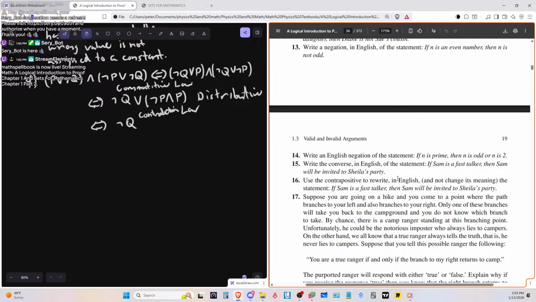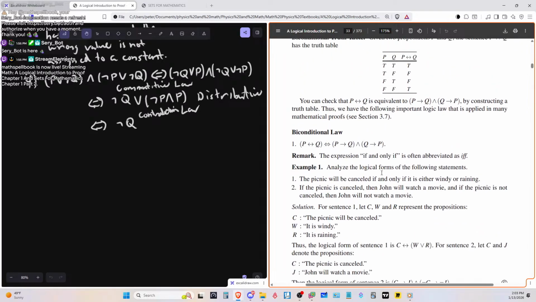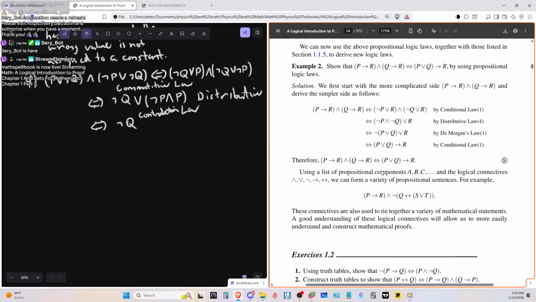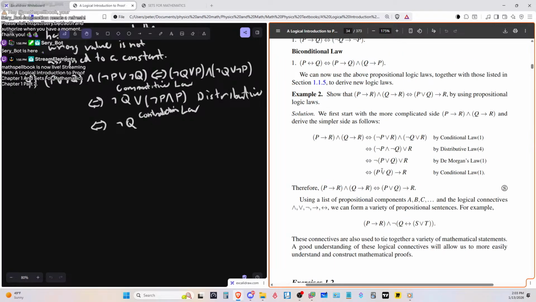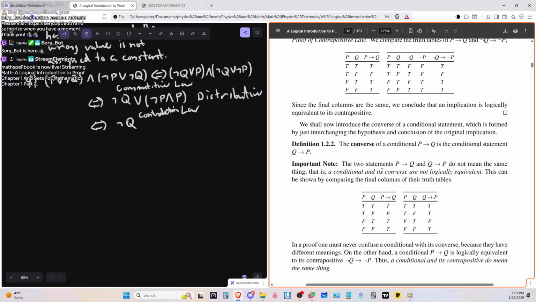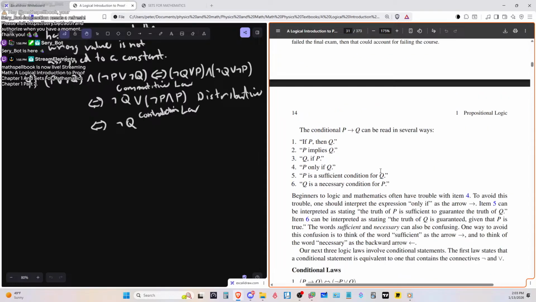Okay, so it seems like in this portion we're dealing with implied statements and if and only if statements. And this is page 17. Okay, so 17 minus 12.